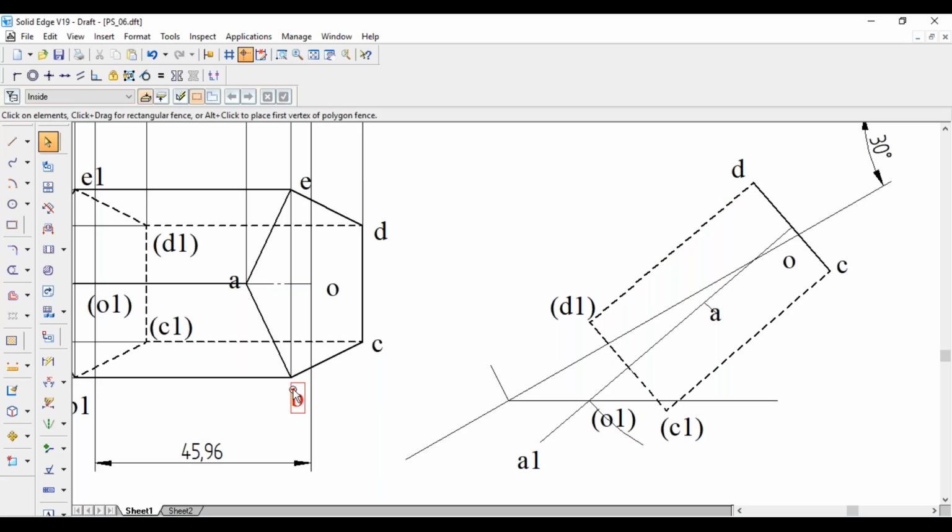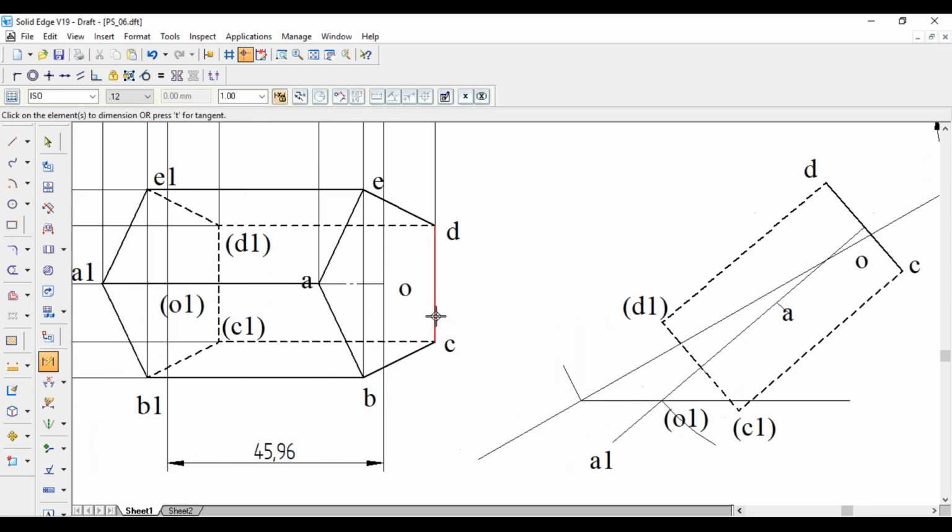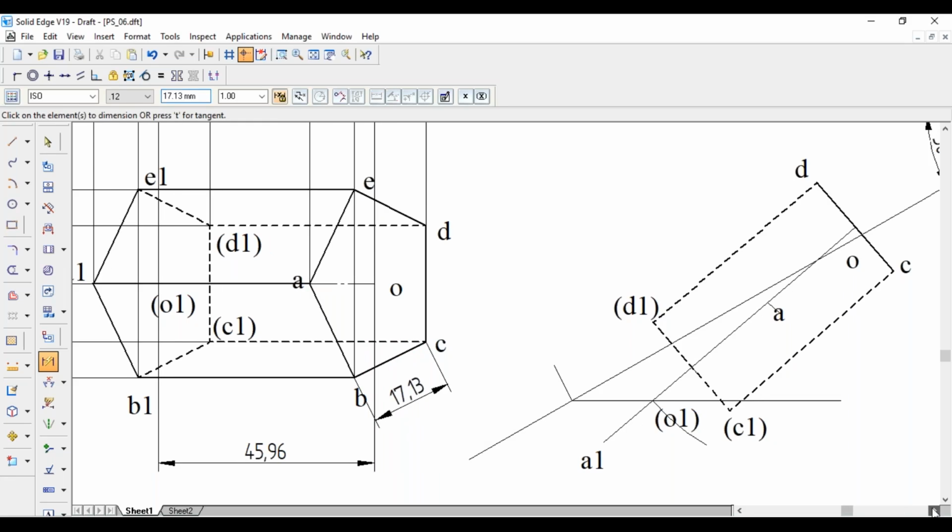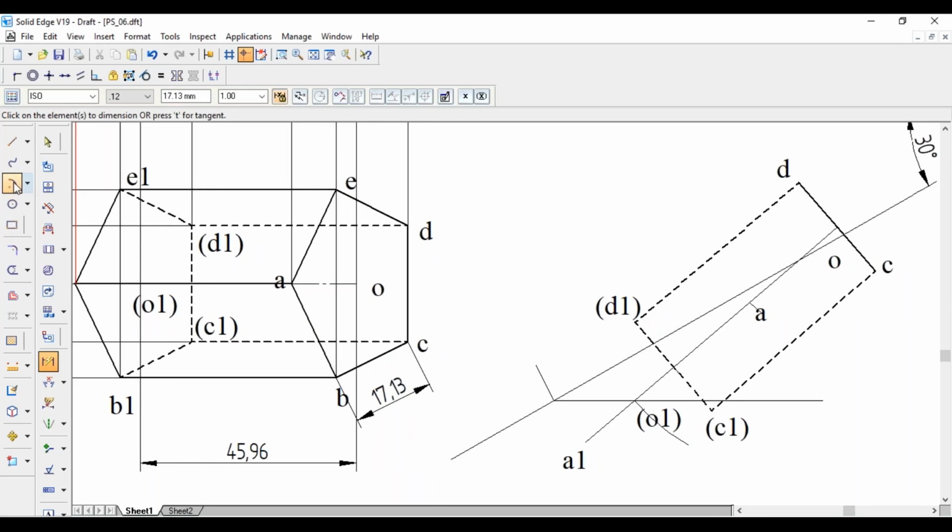We still have to get two more corners, B and B1 and E and E1, for both the faces. To get B and B1, we'll use the arc method. The line lengths BC, DE, C1B1 and D1E1 are all the same, equal to 17.13 mm. So with C1 as center, 17.13 mm as radius, draw an arc.